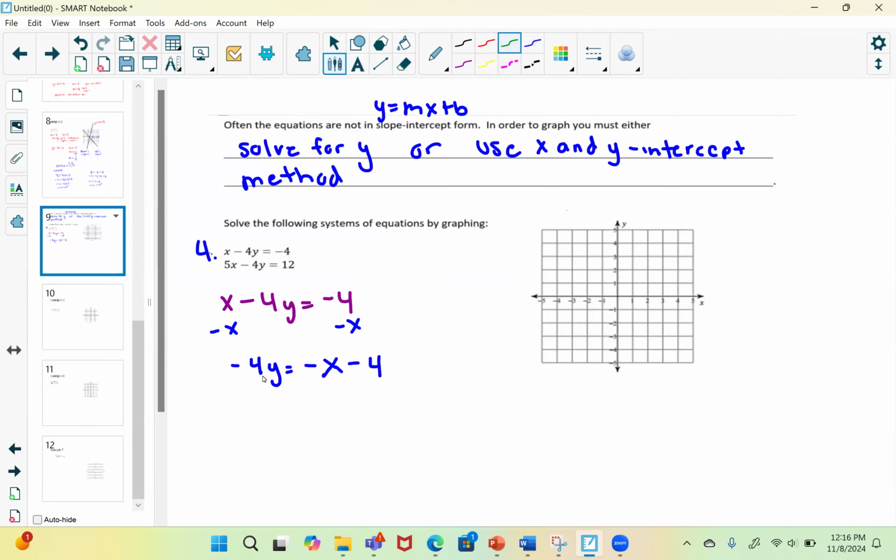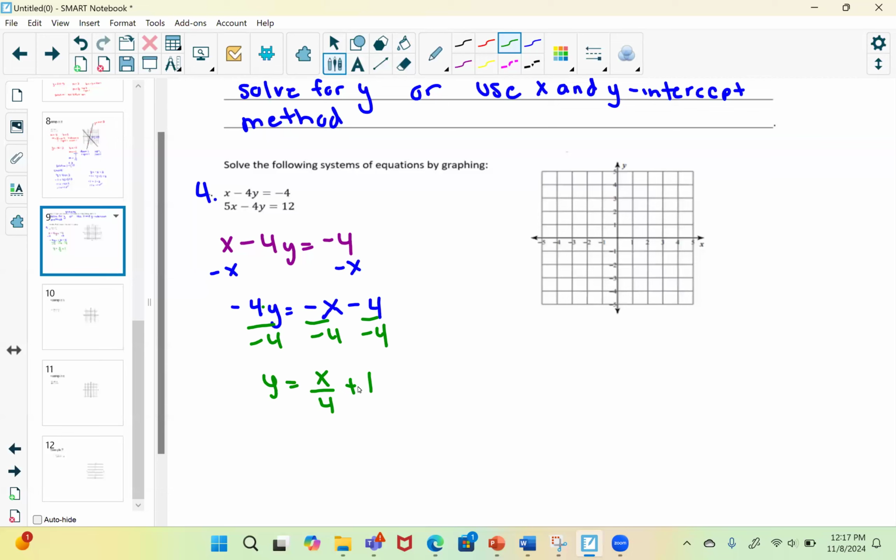Then we need to get rid of this -4. It's being multiplied, so we divide everything by -4. We get y equals, okay, again, it helps to simplify. A negative over negative makes a positive. -4, this is a negative, divided by -4 is a +1.